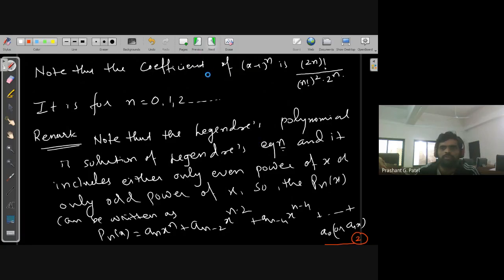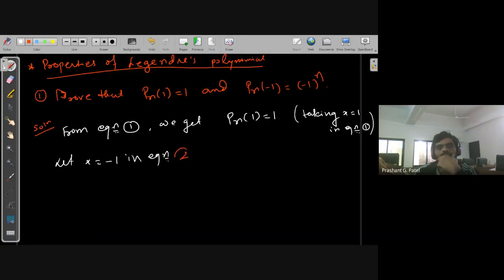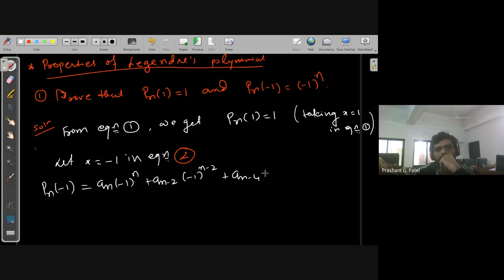So in equation 2, Pn of minus 1 will be an into minus 1 raised to n, plus an minus 2 into minus 1 raised to n minus 2, an minus 4 into minus 1 raised to n minus 4, up to and so on.